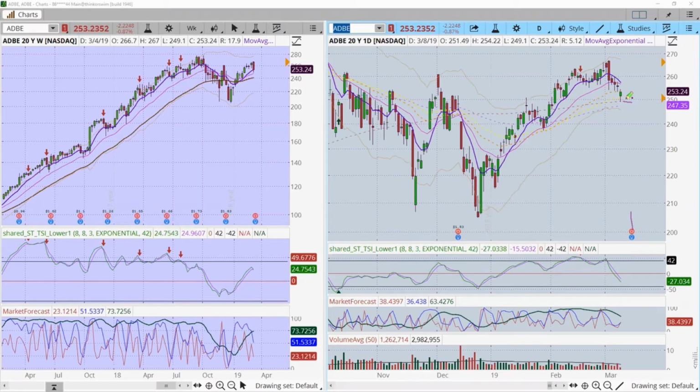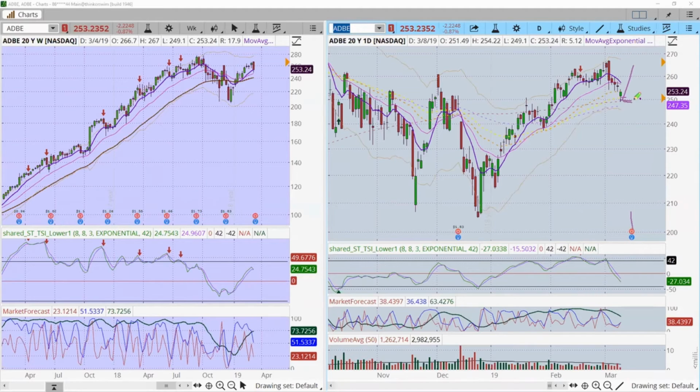And so a person could look at nibbling a little bit here. If it gets a retest back down here to the 50-day moving average, you may say, hey, I'm going to pick up a couple of shares there. Or you can say, hey, I'm going to buy the, say, 152.50 or 150 call that expires next Friday, and let the implied volatility increase, because we may get into a little bit of a pre-earnings run.